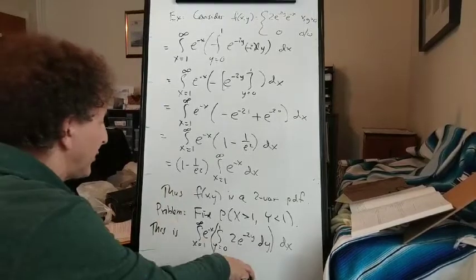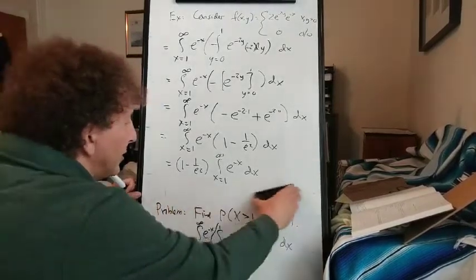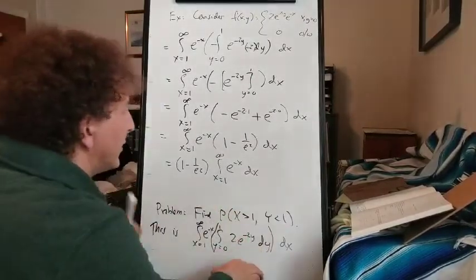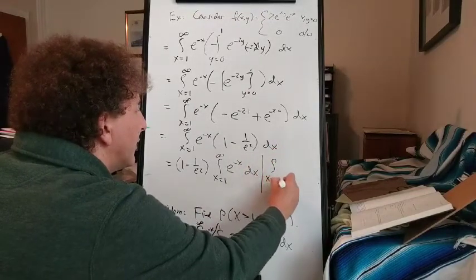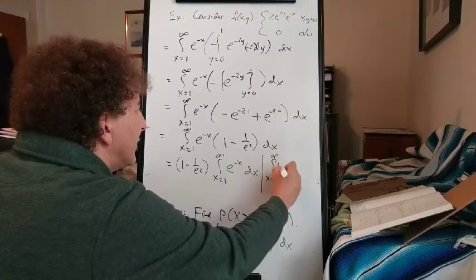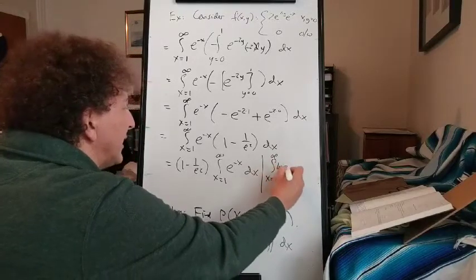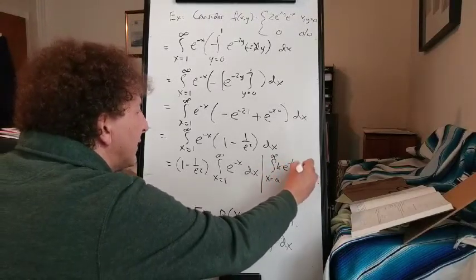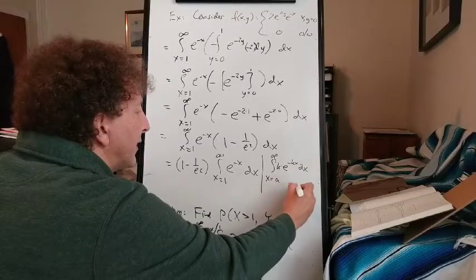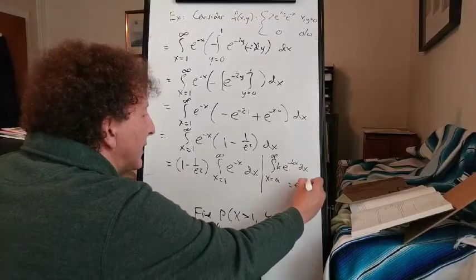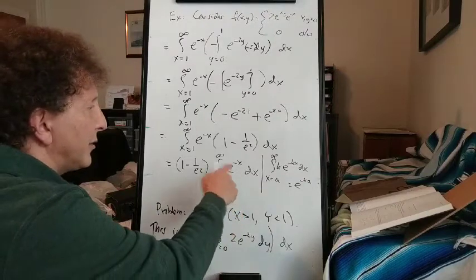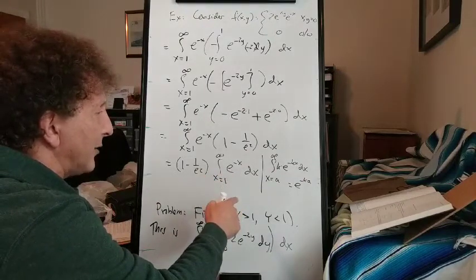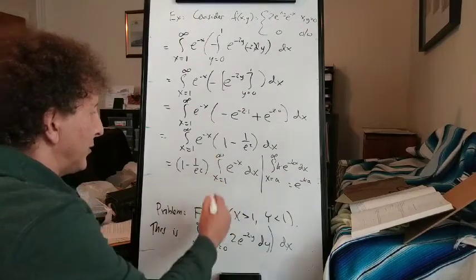Alright, now here's another integral that comes up pretty often. If we're integrating from a to infinity this exponential density function, ke to the minus kx dx, then that's just e to the minus ka. So here k is 1, and we're integrating from 1 to infinity.